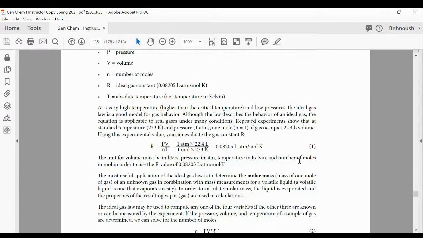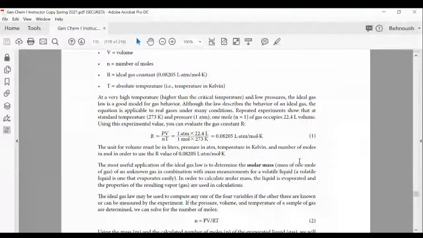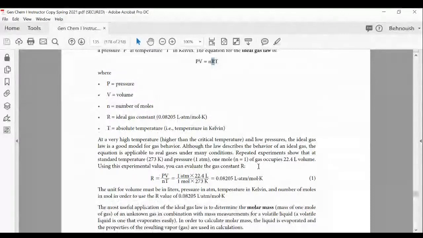The way we are approaching determining the molar mass of the compound is this: the number of moles equals mass over molar mass. So if you find the number of moles and you have the mass of the vapor, you can find the molar mass.